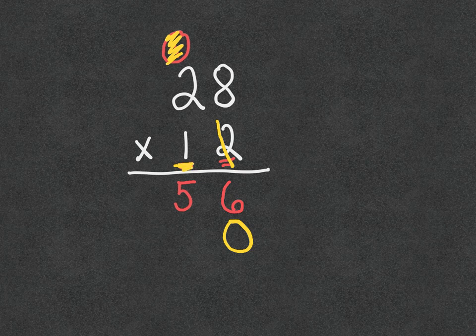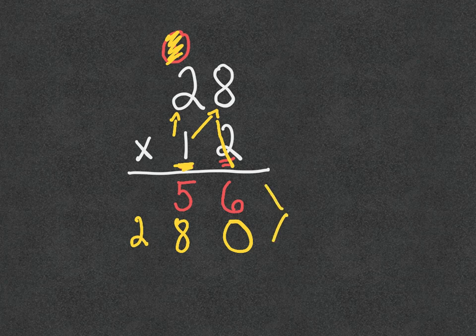So I need to put a placeholder. Every time you need to do that when you're multiplying multiple numbers. Now we can do this. 1 times that 8 is going to be 8. 1 times this 2 is going to be 2.